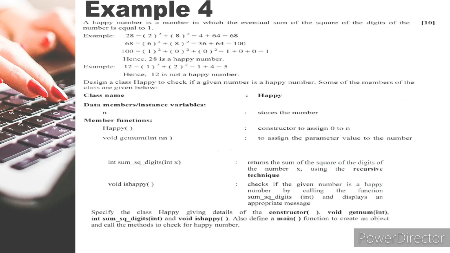If you recall the sum of digit method, that means n mod 10 plus, then we call the method itself with n divided by 10. Here twice we have to write: n mod 10 into n mod 10 plus, we call this sum square digit and then n by 10. And void is happy, where we check whether it's a happy number or not by calling this method. And we also need to define the main function as well.